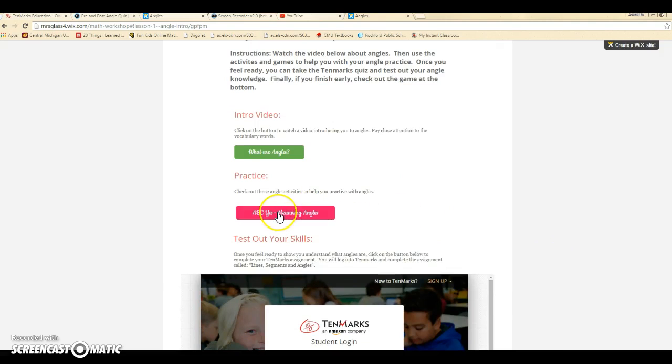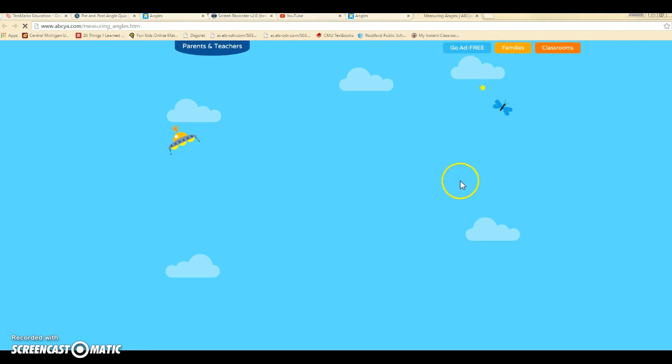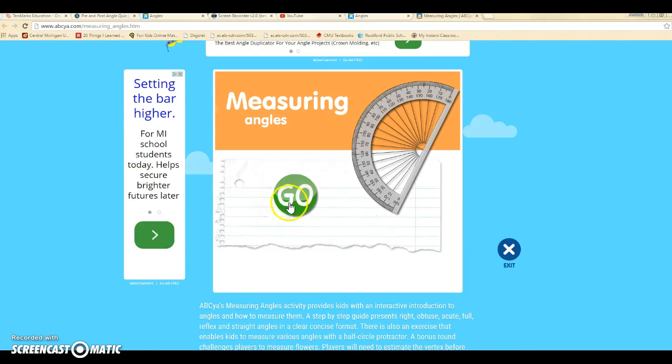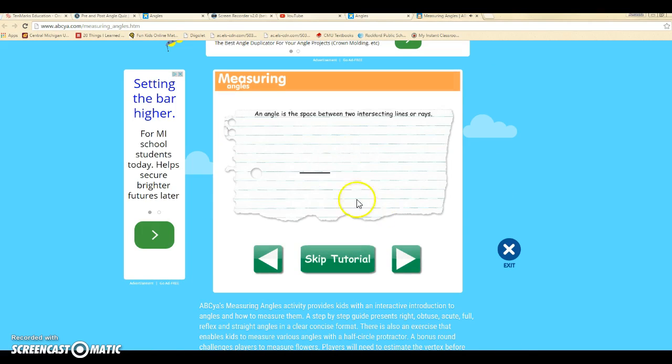I chose, for example, this practice activity because I knew that it wasn't just a game, but it would give them some more learning and explanation along the way, so they can be reading and checking out some more info and have it demoed for them.